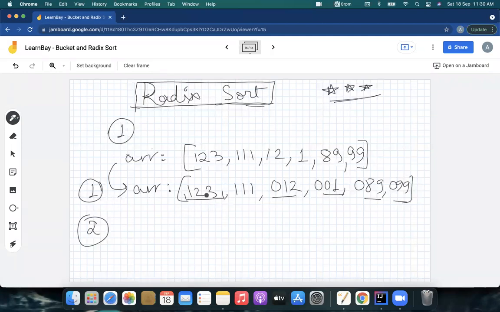So what is the least significant digit of each element? These are the least significant digits, the ones place of each element.